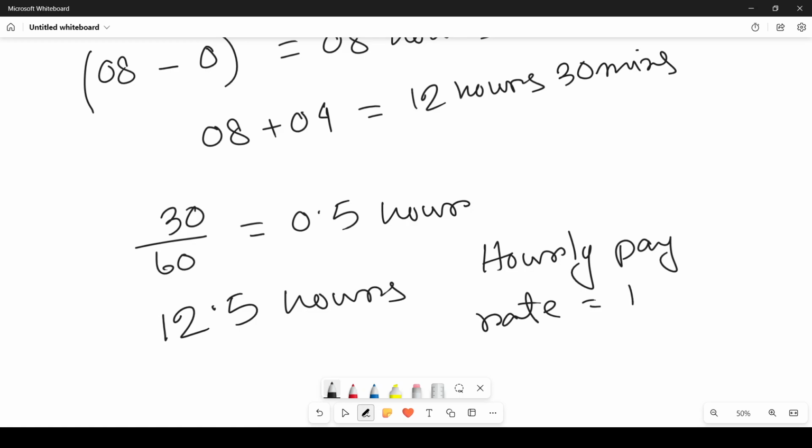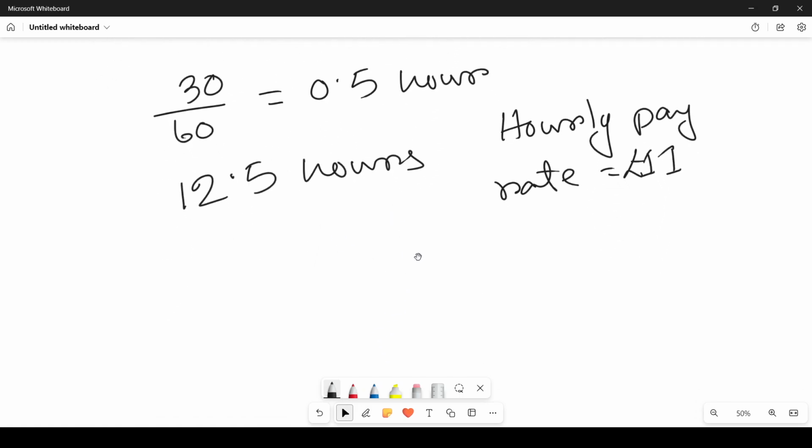Now let's say you receive an hourly pay rate of 11 pound, then you can now easily calculate your salary.